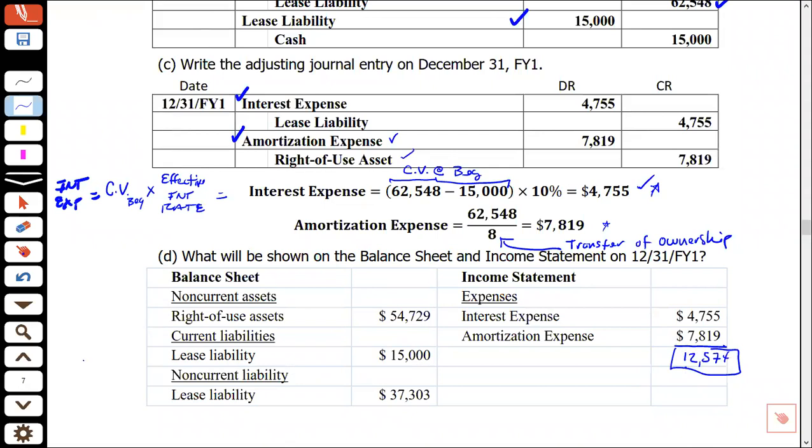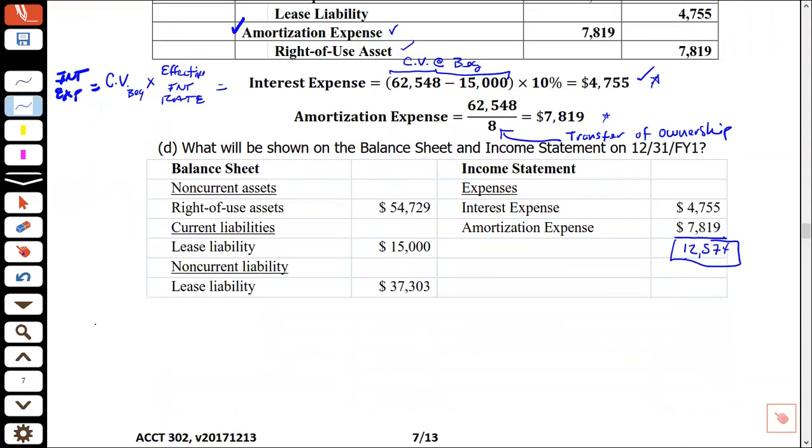Now the balance sheet's a little bit different because you have to have non-current assets, and we're going to have the current portion of long-term debt and then the long-term debt.